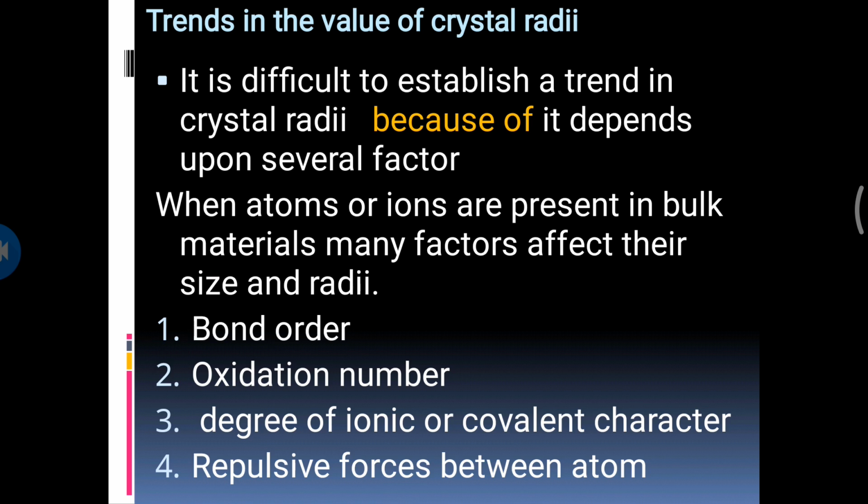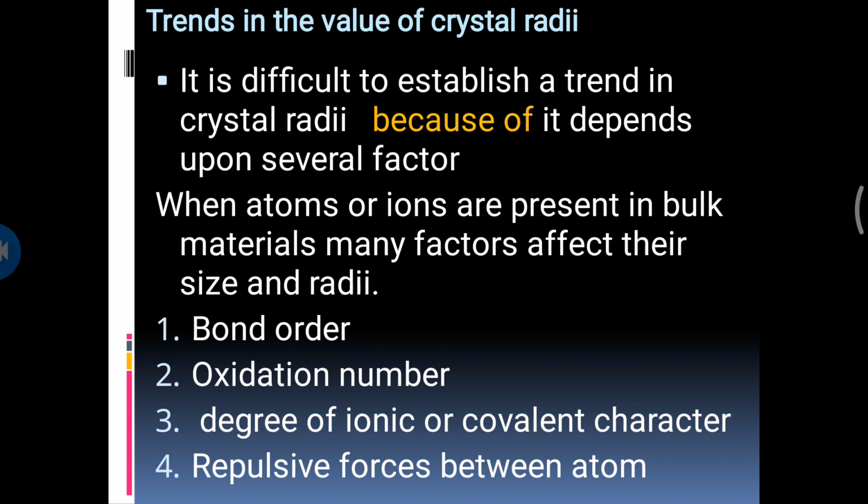Similarly, the degree of ionic and covalent character also affects the trends of crystal radii. Then there are repulsive forces between atoms. Suppose positively charged ions: at that time the repulsive force is greater, whereas between positive and negative ions there is attractive force.